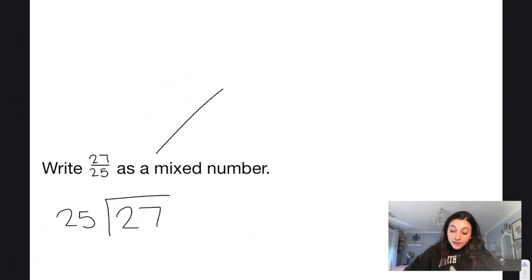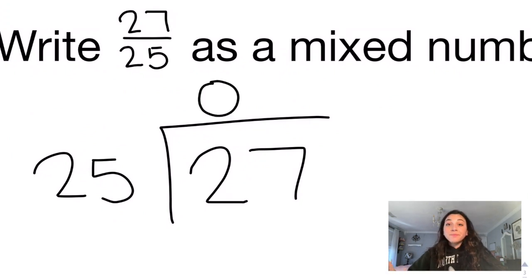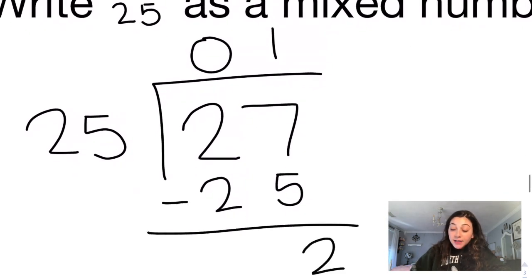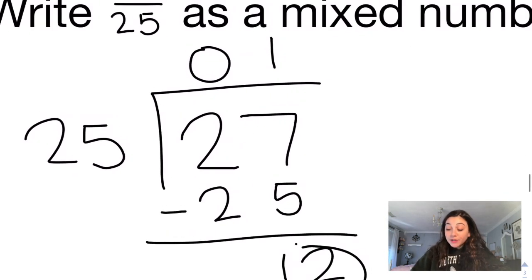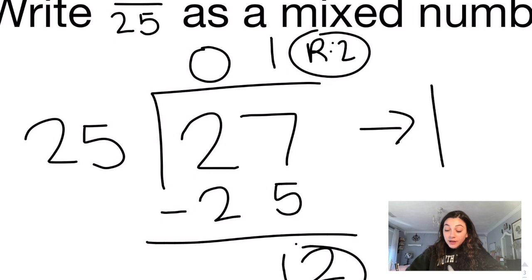So this is long division. 25 goes into 2 0 times. 25 goes into 27 once. 25 times 1 is 25. Now we subtract these, and our remainder is 2. So our mixed number is 1 and 2 over 25.